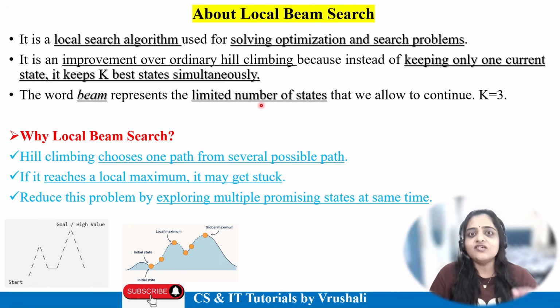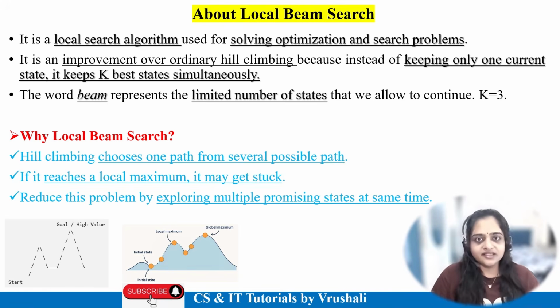For example, while solving the example we take a value of k. Suppose k equal to 3, it means they find the k best states to find the best solution among them. So at that time the local beam search algorithm is used. Basically it reduces the problem by exploring multiple promising states and finding the best among them.